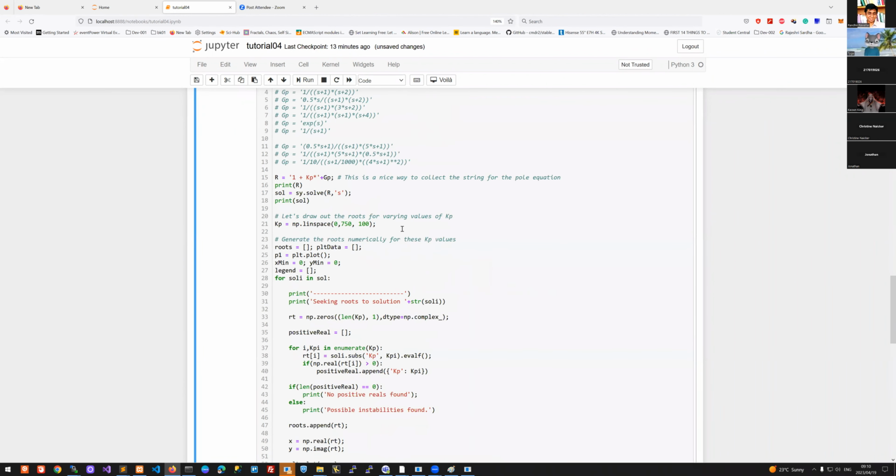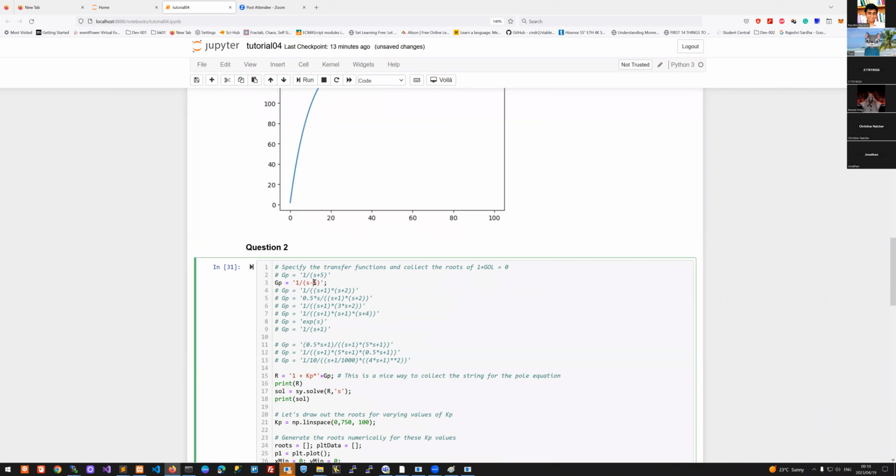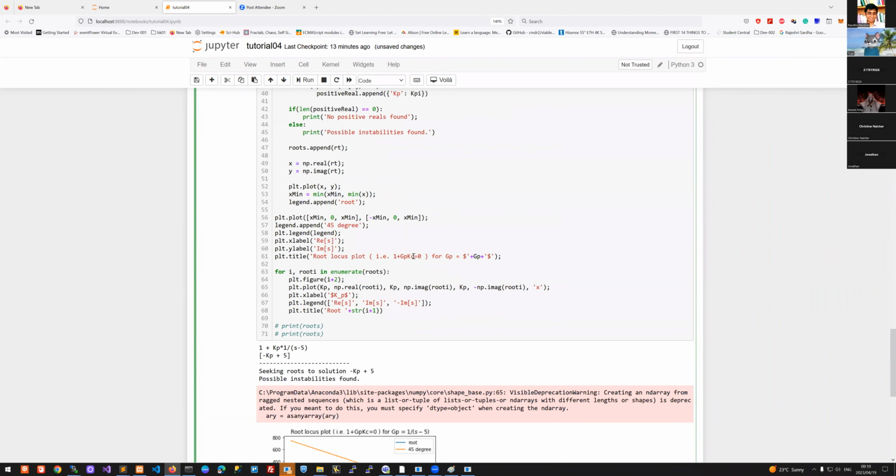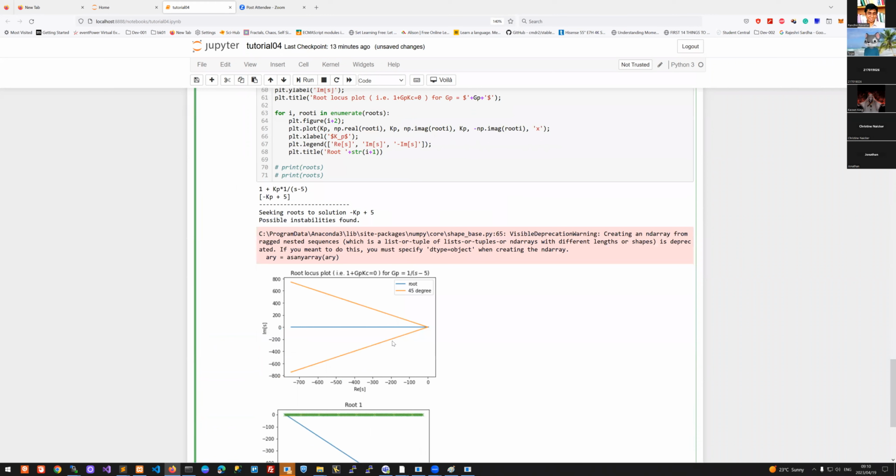This corresponds to our first problem, and it does correspond to what we found, which is that there are values of kp for which we get stable operation. In this case, where it's s minus 5, that is more like the problem that we had initially.